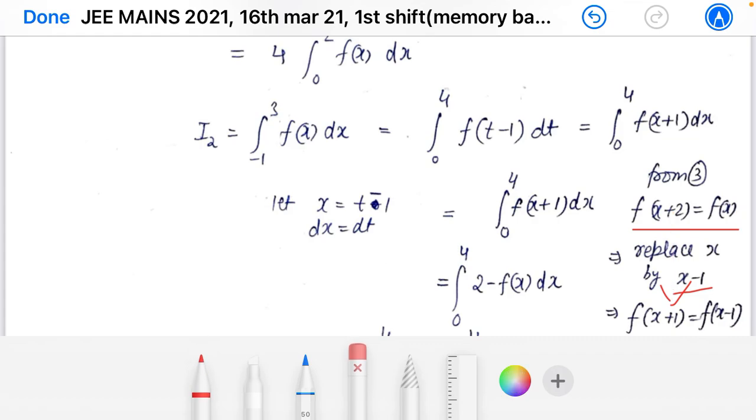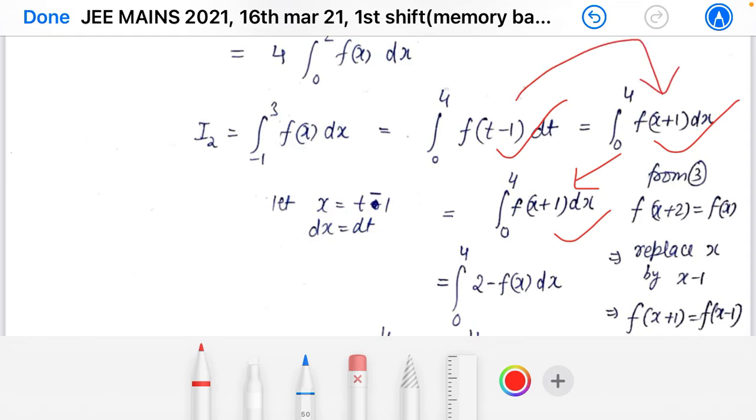If it is so, I can write f(t minus 1) as f(t plus 1) dt, from 0 to 4.